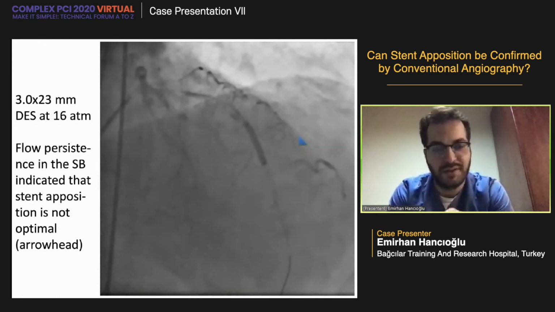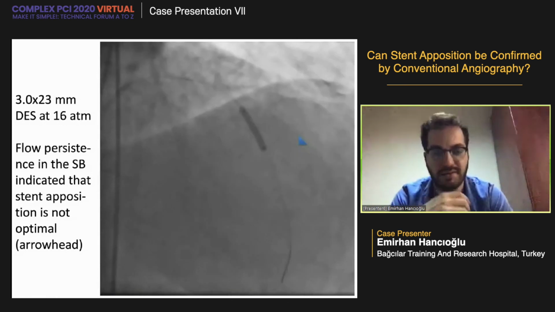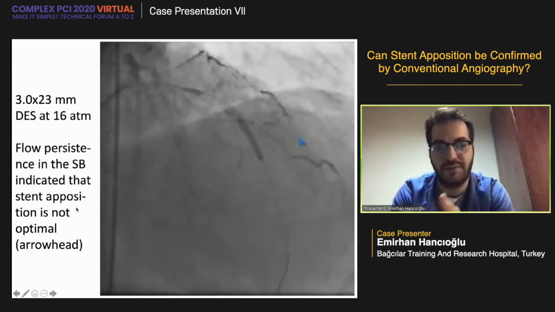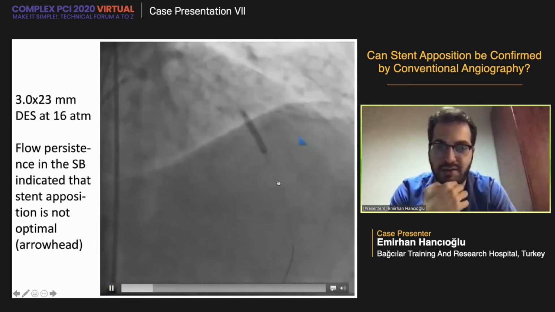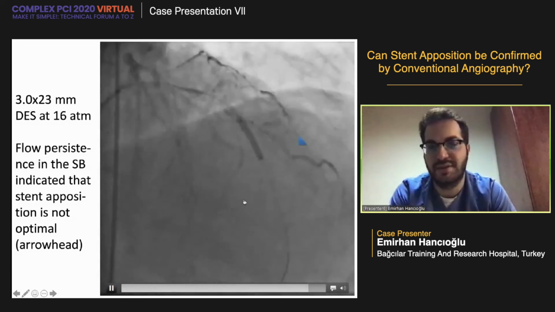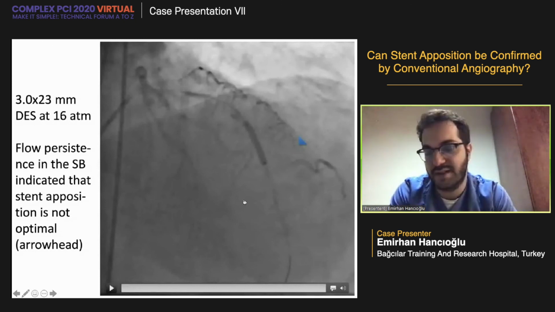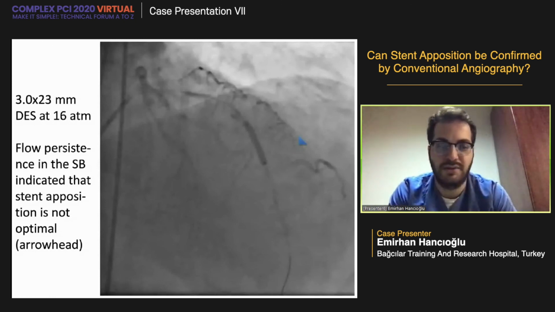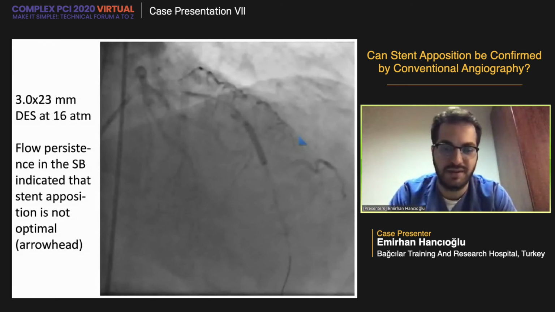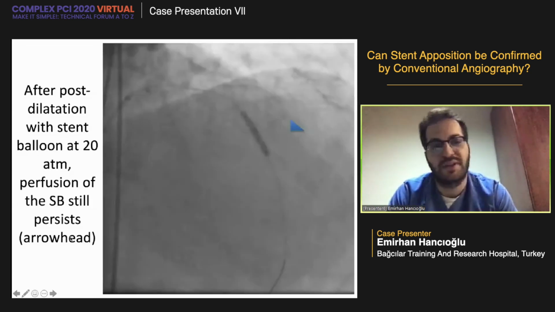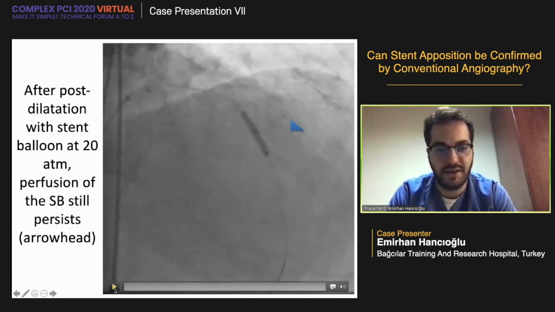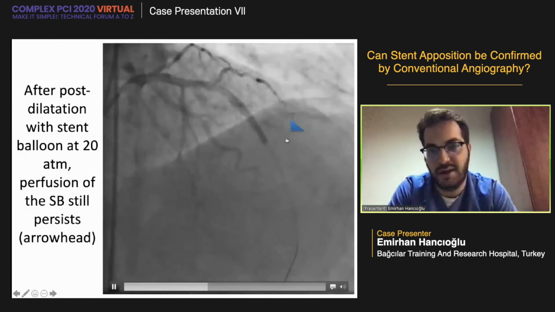Here we still see that the flow of the side branch persisted, as you can see at the arrow. So we considered that our proximal stent was not optimal, and we decided to inflate the balloon again. With the stent balloon, we dilated it at 28 atm, and the perfusion of the side branch still persisted.